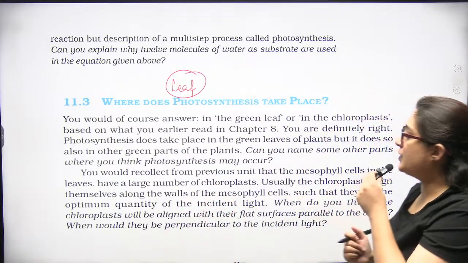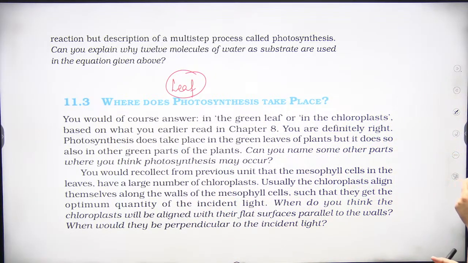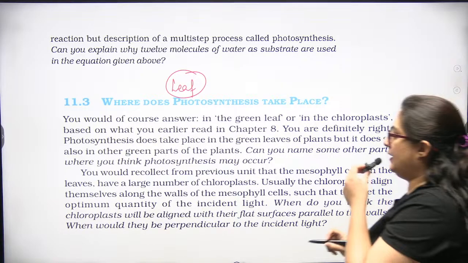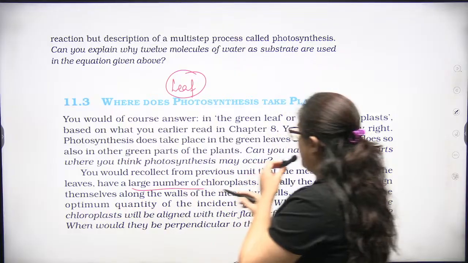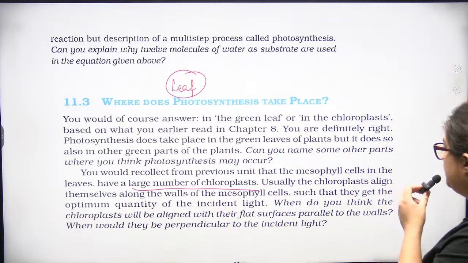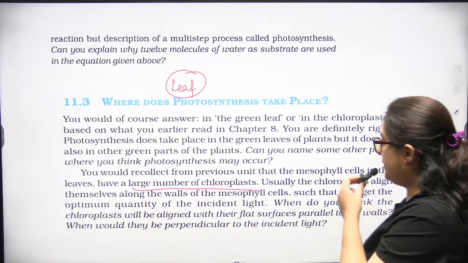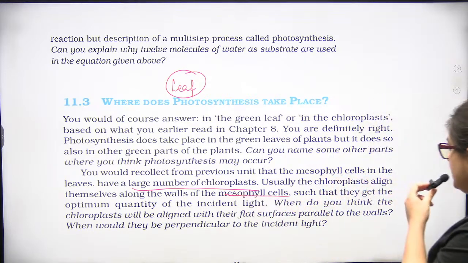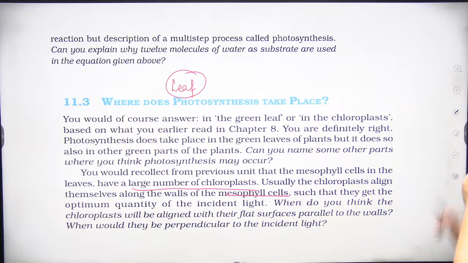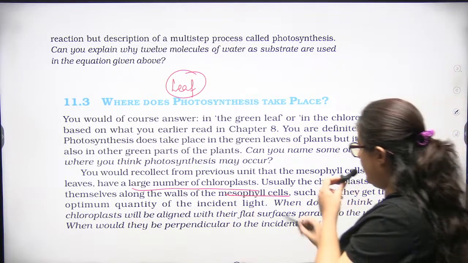They have photosystems also. You would recollect from the previous unit that the mesophyll cells in the leaf have a large number of chloroplasts. Chloroplasts align themselves along the walls of the mesophyll cells, and they get the optimum quantity of incident light.